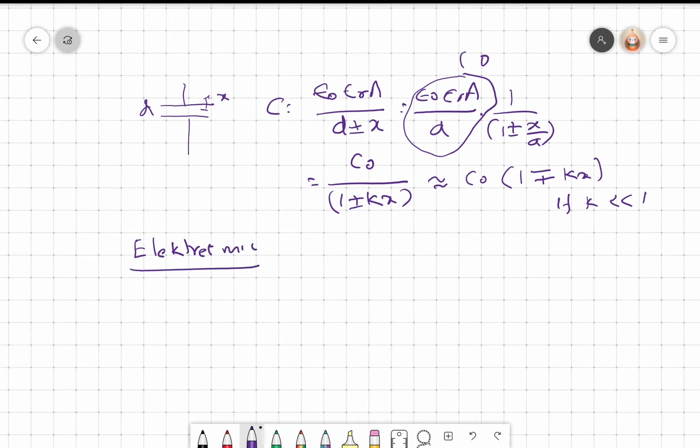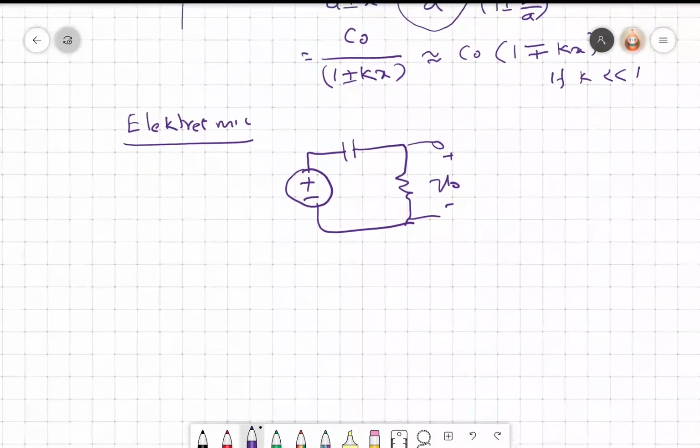Now if I have one capacitive sensor that varies, then I can simply connect the capacitance in series with the resistance, excite by a DC voltage, and get the output voltage V0.